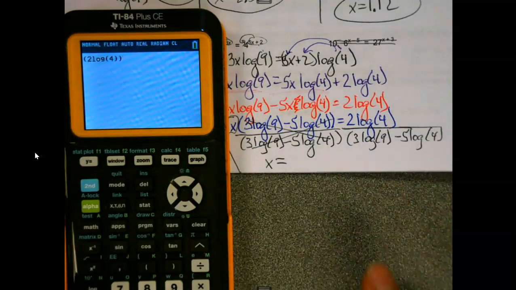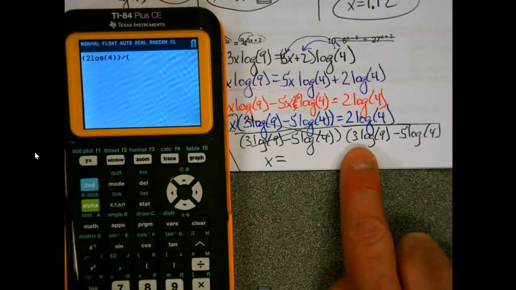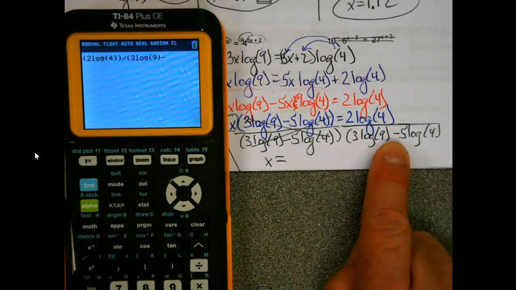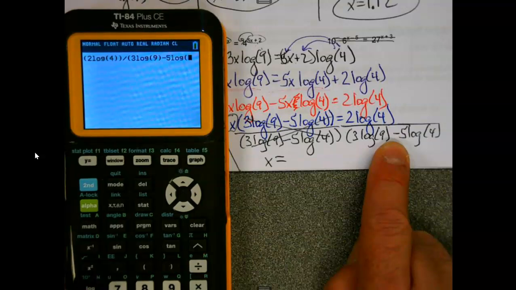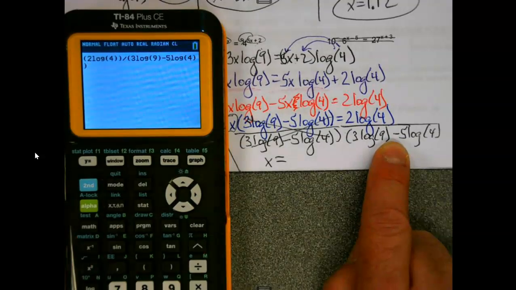So 2 log of 4, that's my whole numerator. Denominator, start with a parenthesis. 3 log 9, close, minus 5 log 4. Close the log, close the denominator.